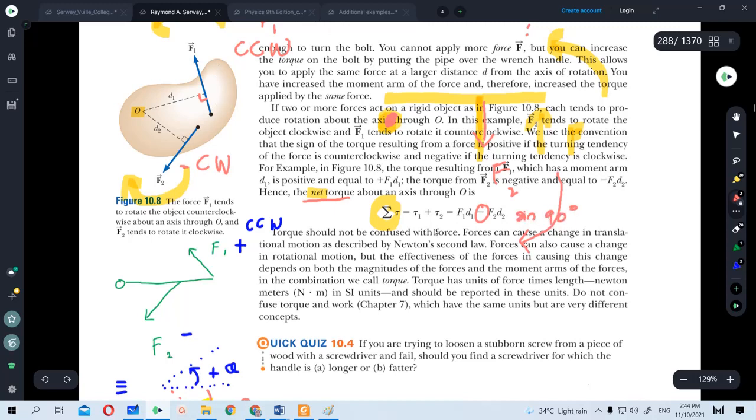So both actually have 90 degrees, but it is not shown here because sine 90 is equivalent to 1. So, that's basically how you sum up torque, by looking at the angle covered due to the rotation.